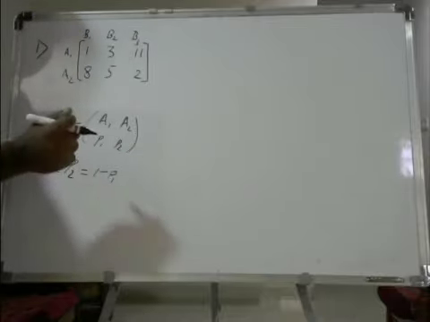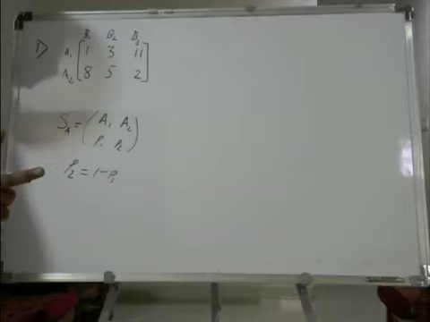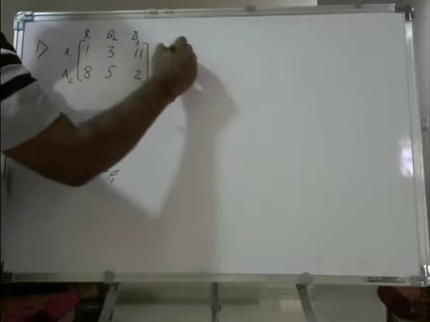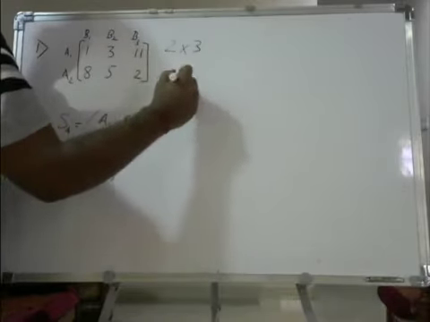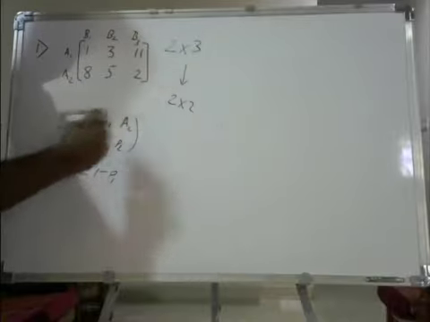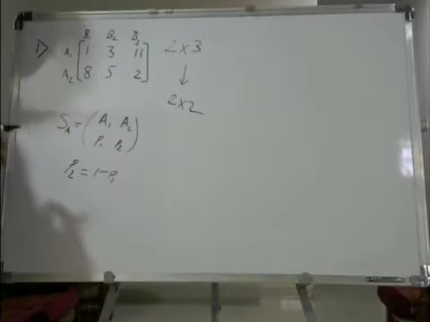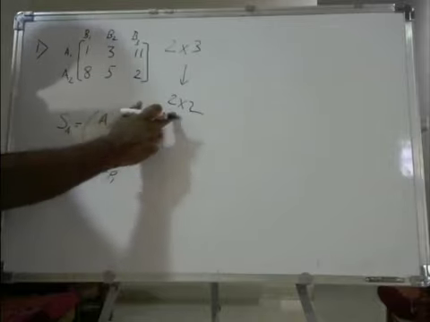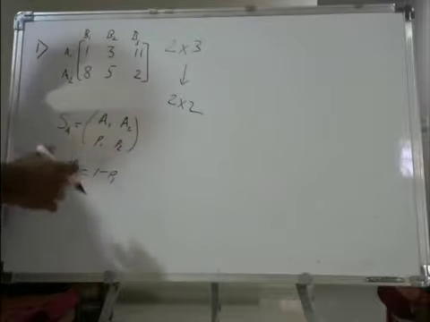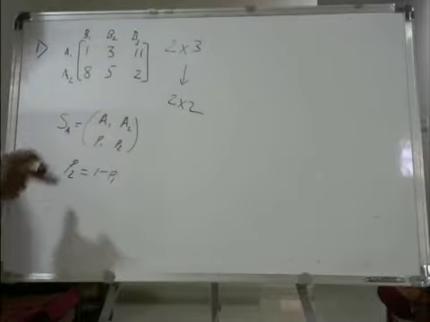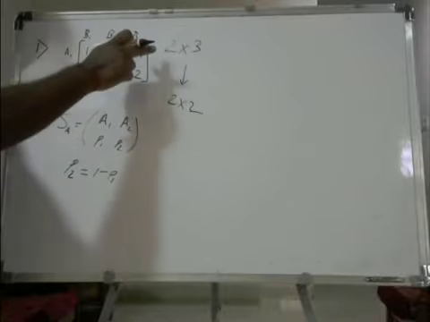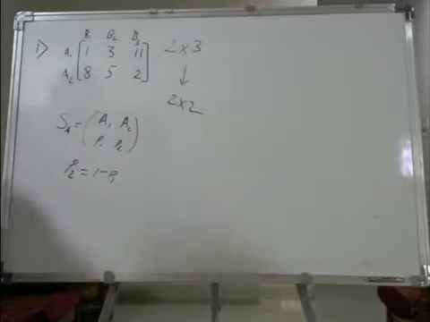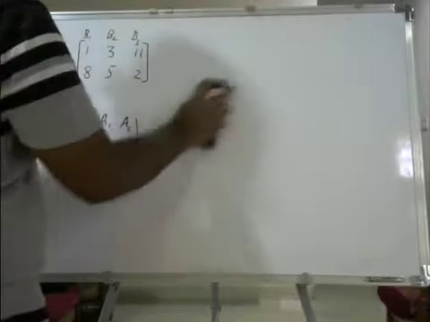Out of these we need only two, because if we can reduce this 2 by 3 matrix to a 2 by 2 matrix, we can solve it using the 2 by 2 method for games with no saddle point, as you have already seen in the previous videos. So our objective here is to reduce this 2 by 3, or whatever 2 by n matrix, into a 2 by 2 matrix. How do we do that? This has to be done graphically.